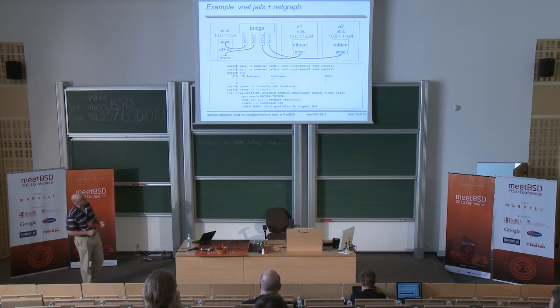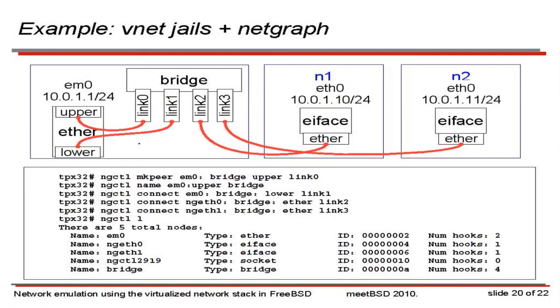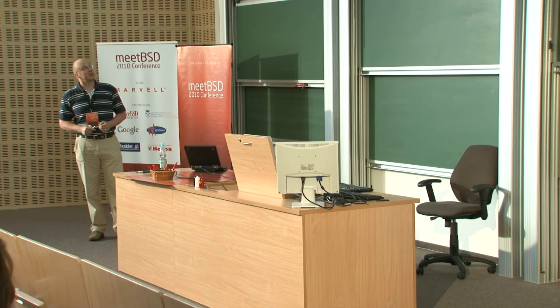Well, here's the syntax that you can see, and then each of those jails gets its own independent loopback interface instance. We assign it an IP address and bring it up. Then using the ngctl utility, we create netgraph nodes.